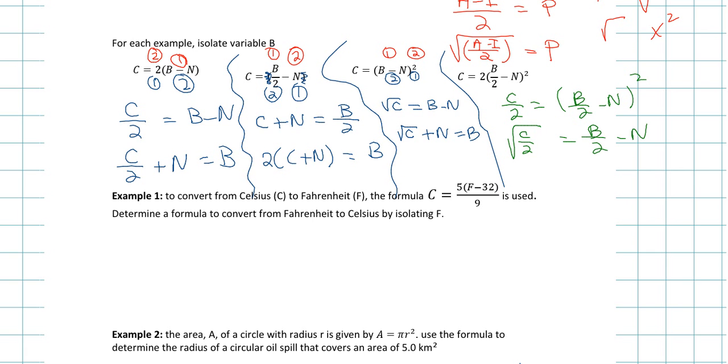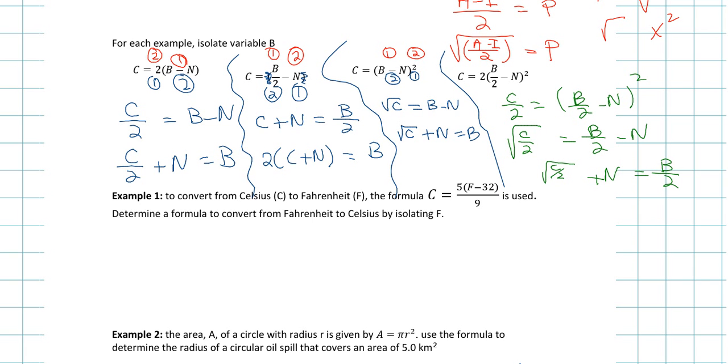So you're going to bring it over, and it's going to become plus n, but it's going to be outside the square root because I've already done the square root operation, b over 2. So one more thing to get rid of, which is the division by 2. So to bring it over, it becomes multiplication by 2, right? Remember that everything on this side right now is multiplied by 2.